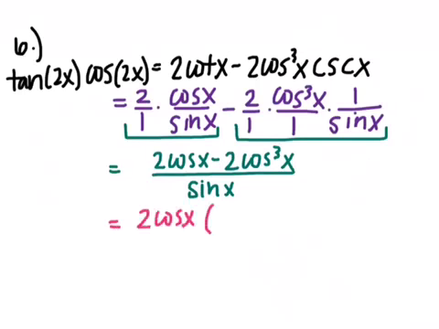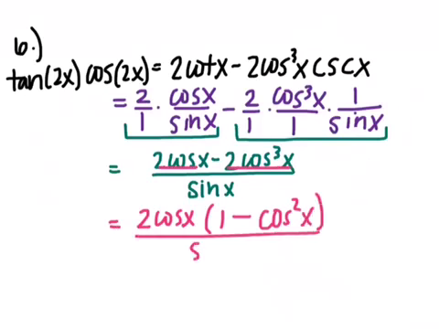And if I do take out the 2 cosine, remember I have 2 terms left in my parentheses. 2 cosine times 1, and then I have cosine squared, not 2, sorry about that. So 1 minus cosine squared left, all over sine of x.